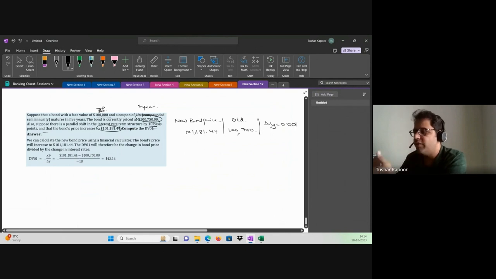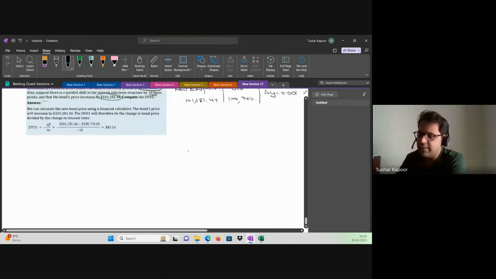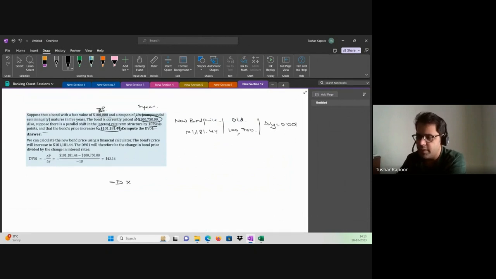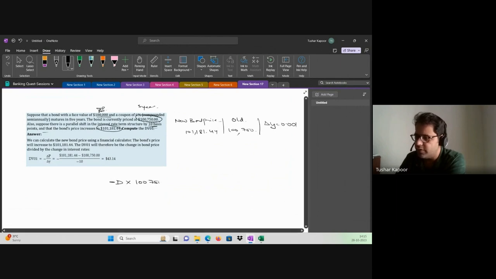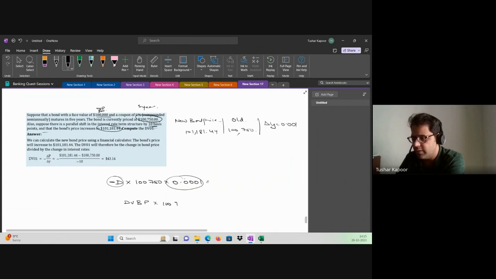Now we refer to the formula for DV01, which says you have to multiply the normal formula, which is duration, by the old bond price, which is 100,750, multiplied by 0.0001. So minus D into this is what we call DVBP. I'll write this side as it is.